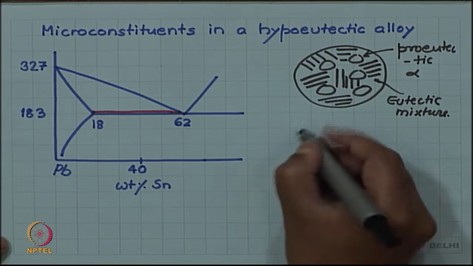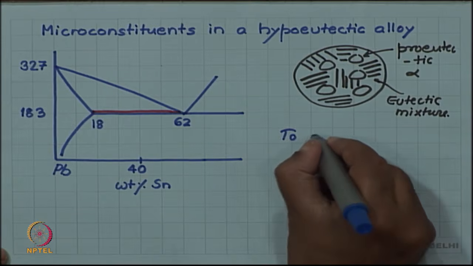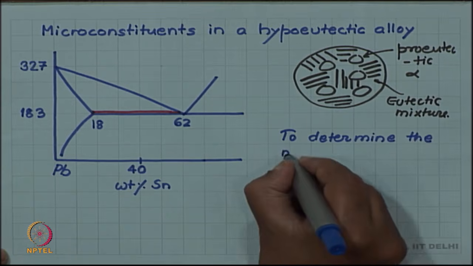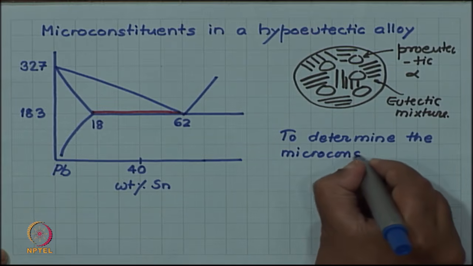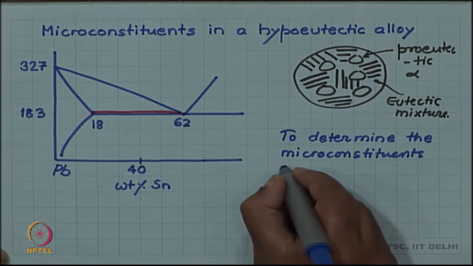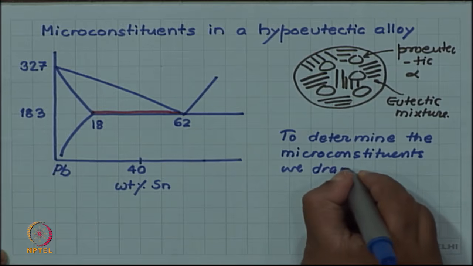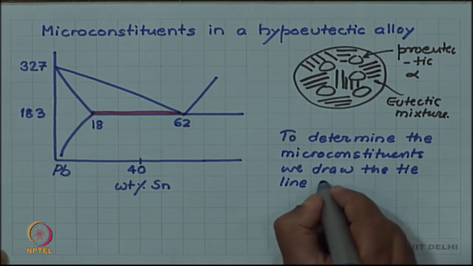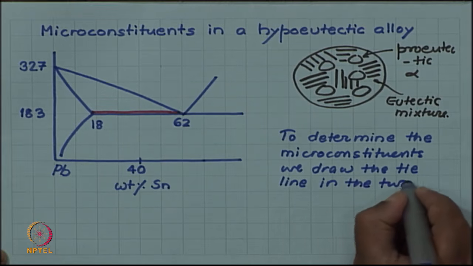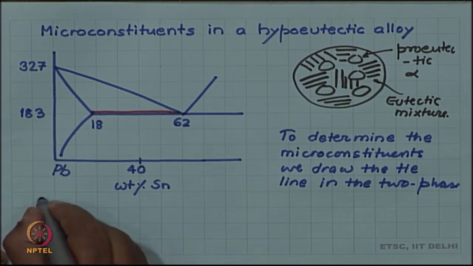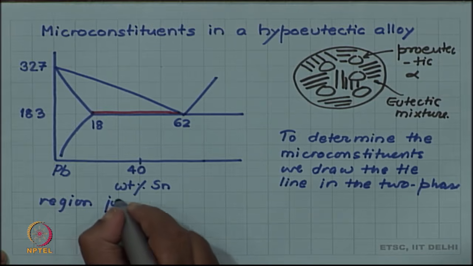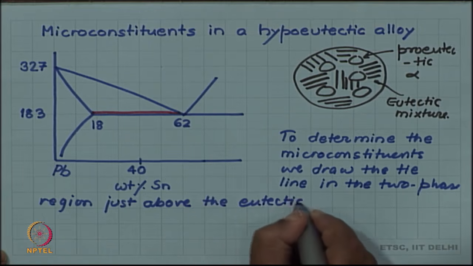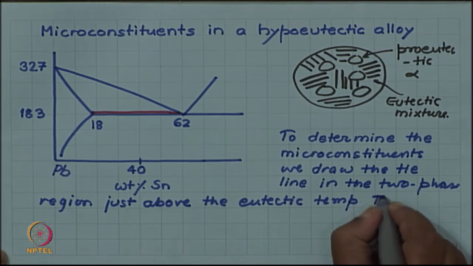So, let us note that to determine the microconstituent, we draw the tie line in the two phase region just above the eutectic temperature TE.